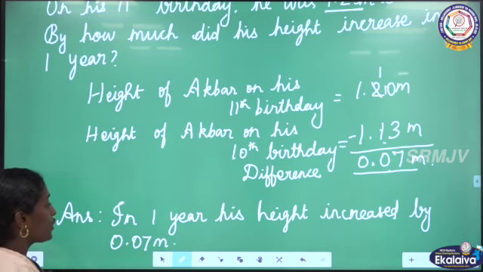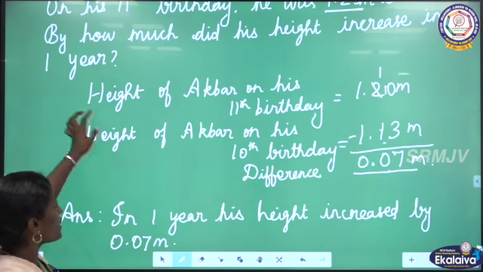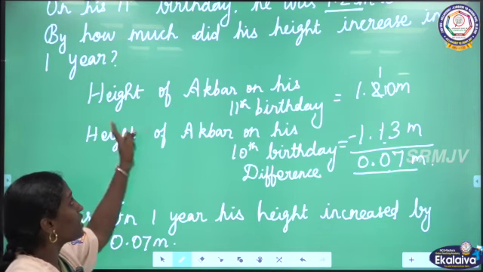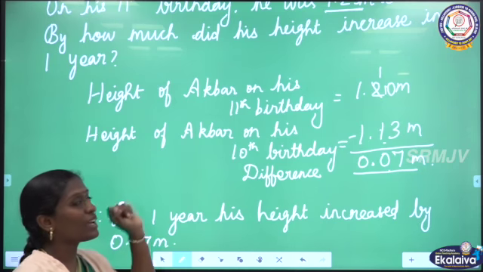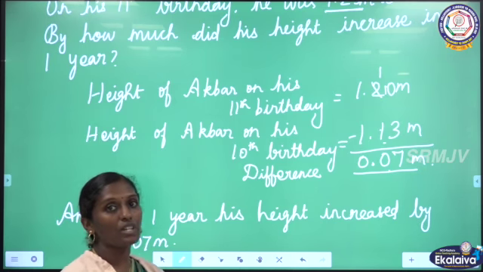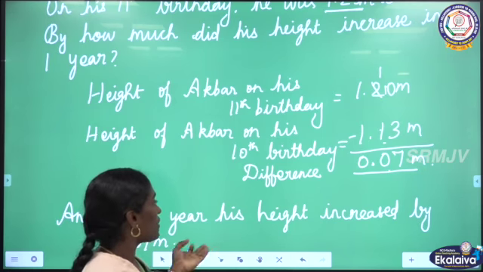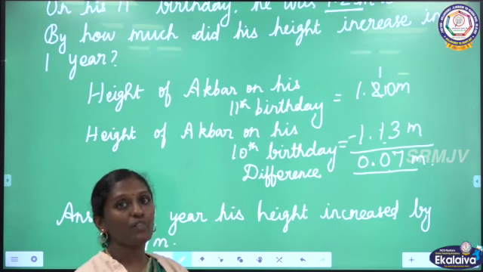Is it clear? To find the height increased in 1 year, we are finding the difference between these two heights. The height of Akbar on his 11th birthday minus height of the Akbar on his 10th birthday. Then we are getting the height increased in 1 year.